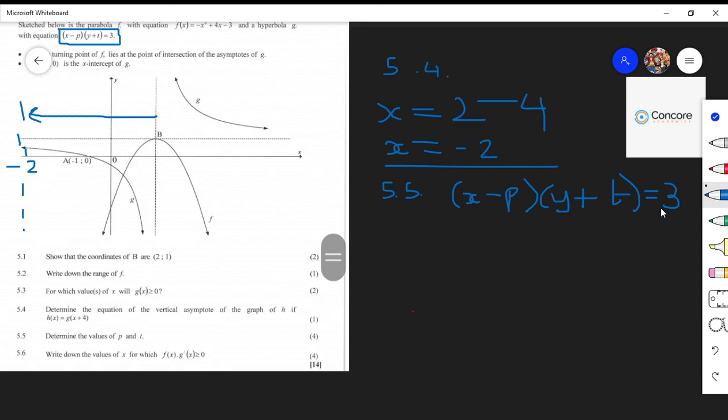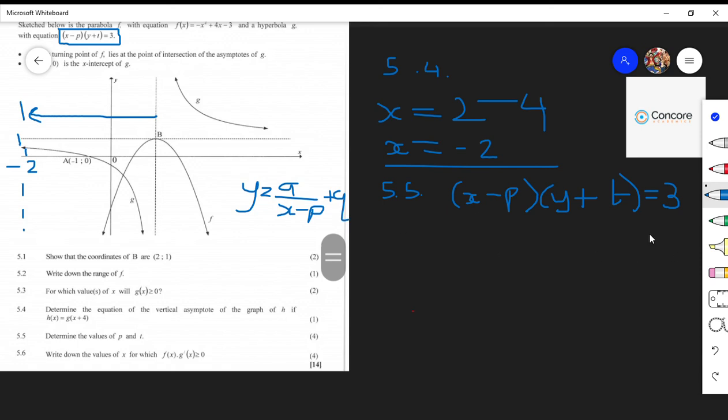From there we can try to simplify the equation and write it in our standard form, which is y is equal to a over x minus p plus q.